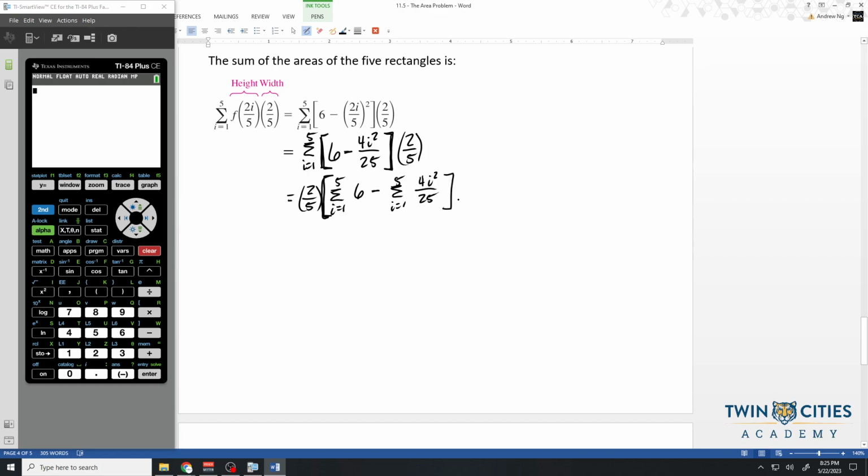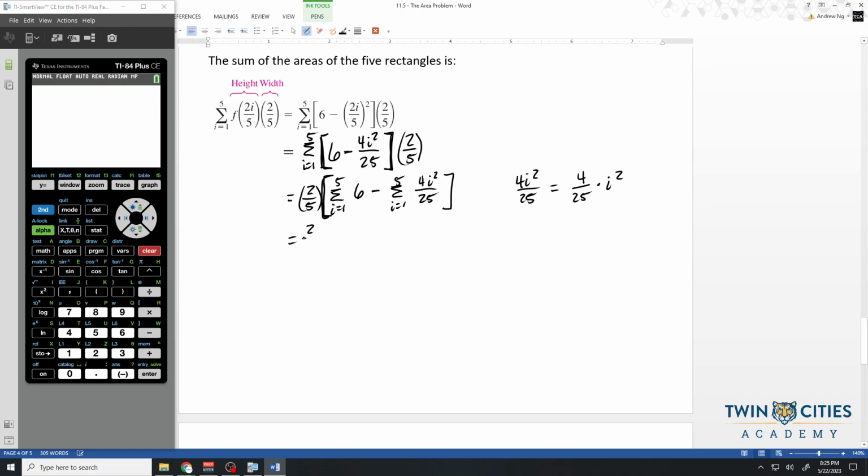Now, 4i squared over 25, this is the same as saying 4 over 25 times i squared. So I can take this 4 over 25 and bring it to the front of this summation here.